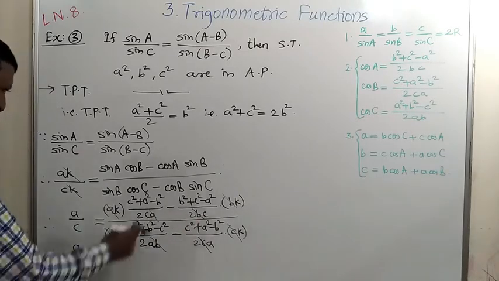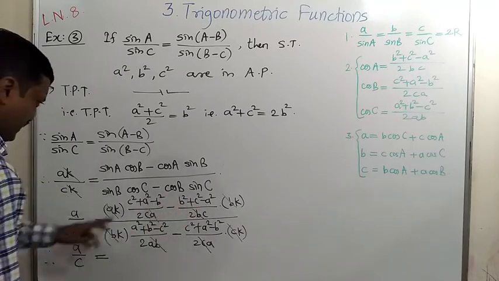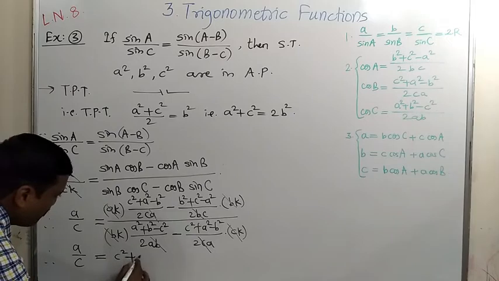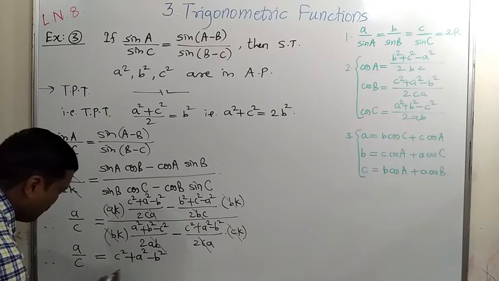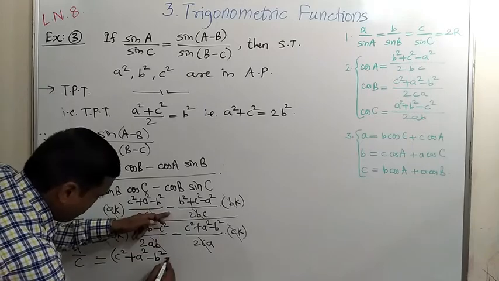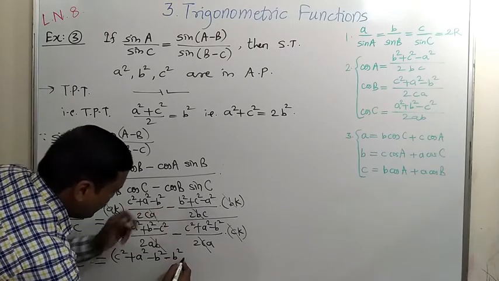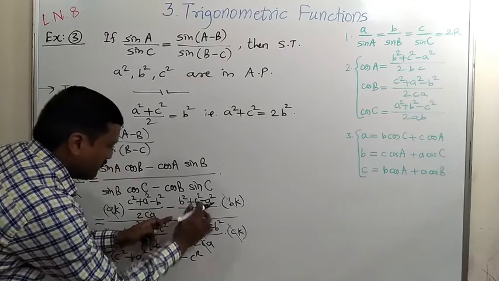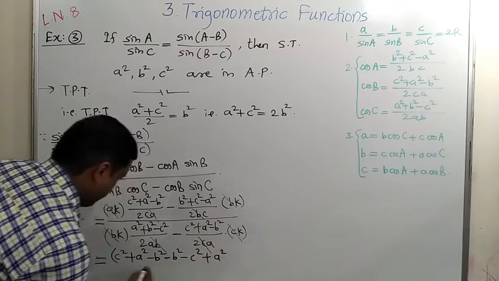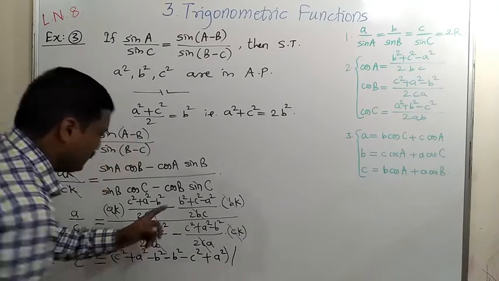So the denominator is the same. So take the addition of numerators, that is c square plus a square minus b square minus b square minus c square, here minus minus plus a square, whole divided by twice c.